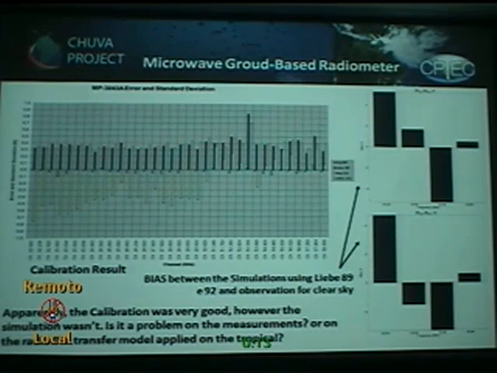The problem, I guess, is the absorption of the continuum water vapor, for example. Because when I was in Fortaleza, we had a very dry day during the campaign, and I compared three simulations. The result with the observation was very nice. But on the other days, it didn't work very well. So we have to discuss that.